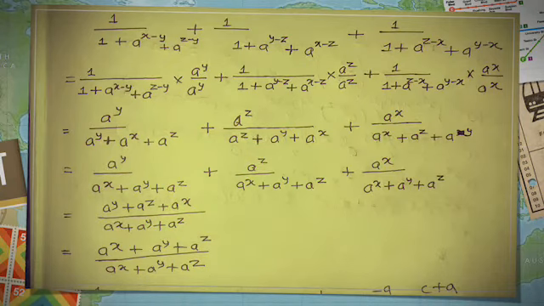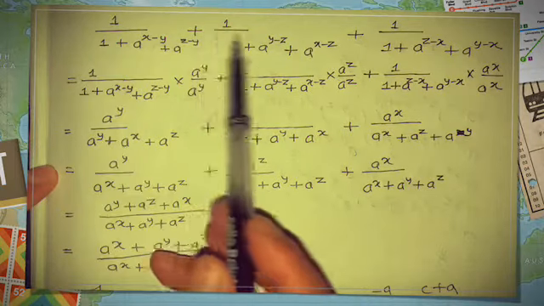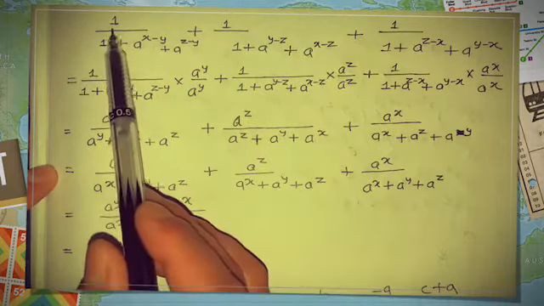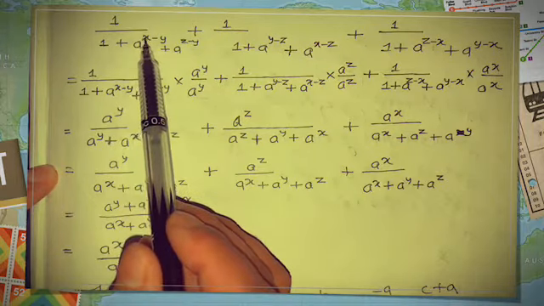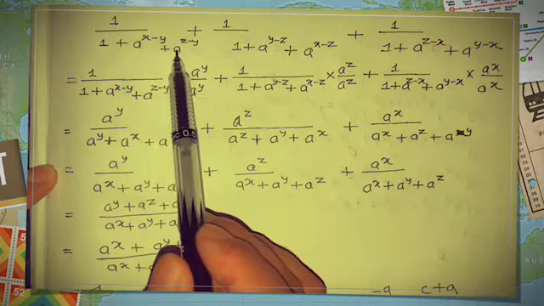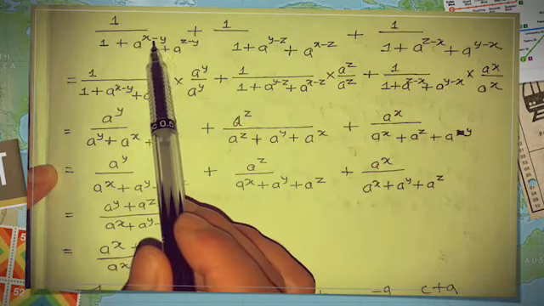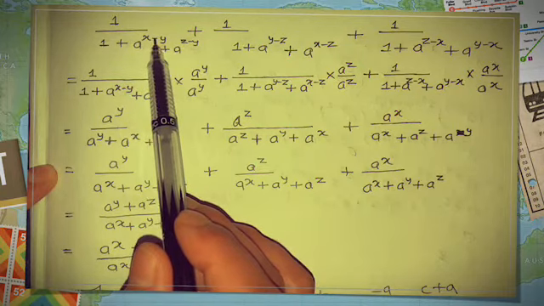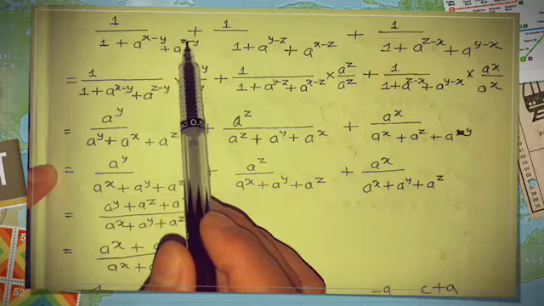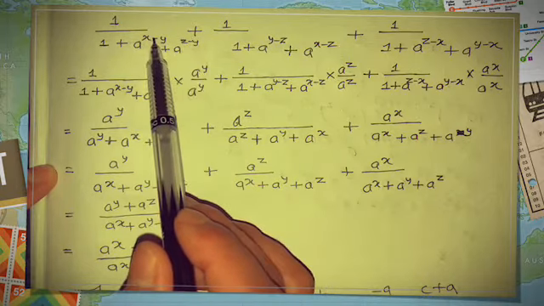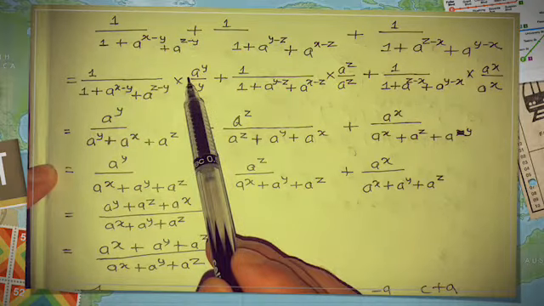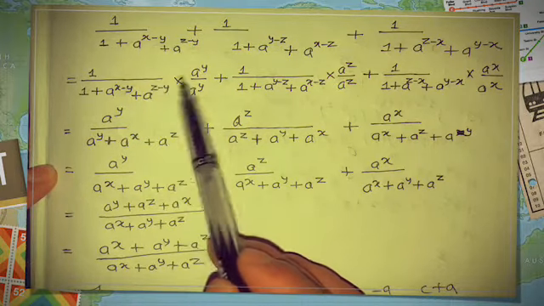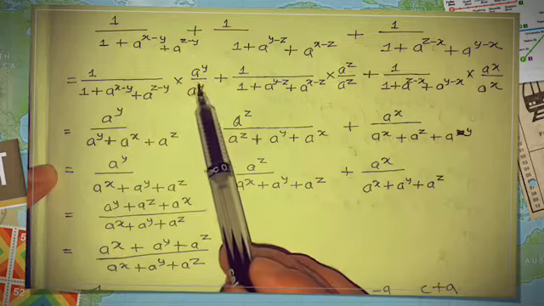Let's simplify this question. We have 3 terms here: 1 by 1 plus a to the power x minus y plus a to the power z minus y. So here minus y, okay, negative is minus y, so we choose to multiply this term by a^y by a^y.